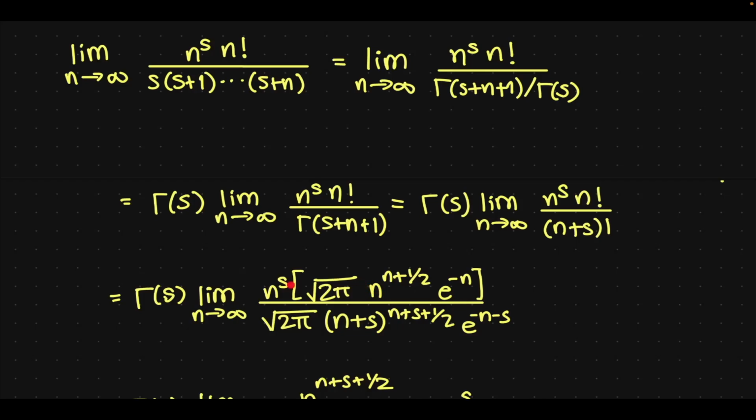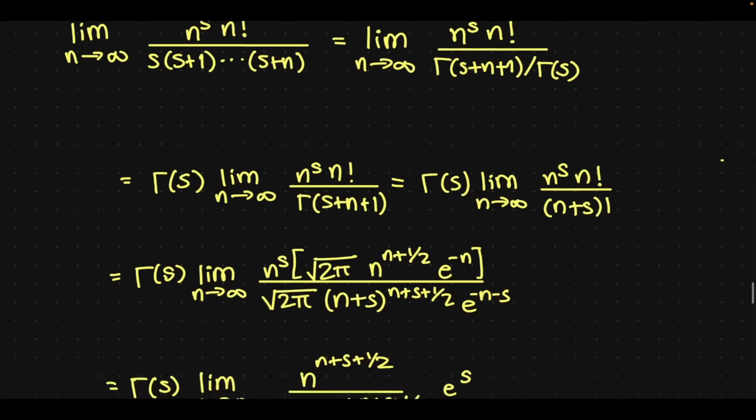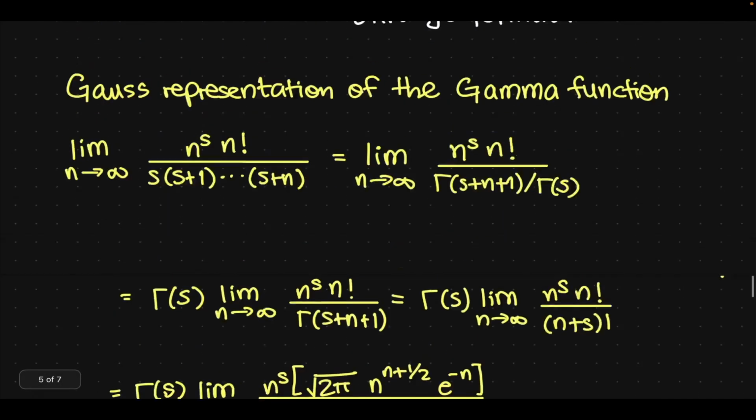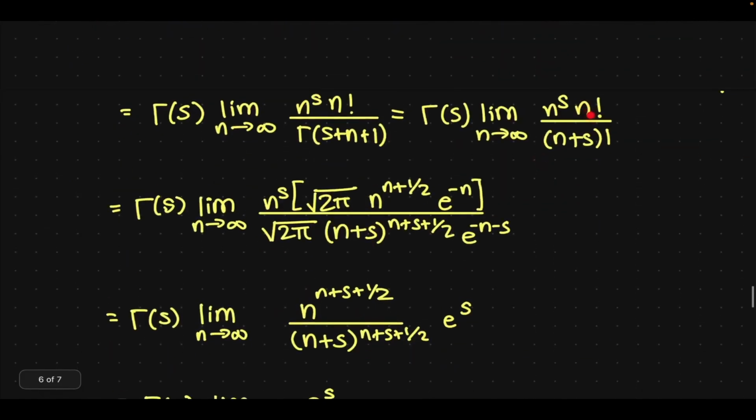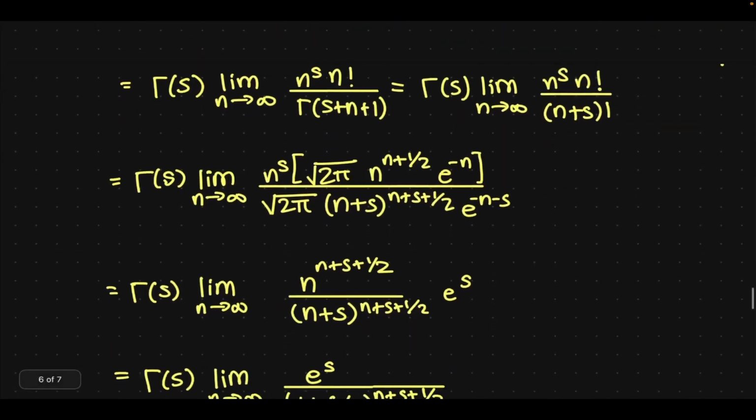So we get n^s, and then multiplied the entire thing in brackets, with square root of 2 pi n to the n plus 1 half e^(-n) divided by square root of 2 pi (n plus s) raised to n plus s plus 1 half e^(-n-s). I'm just substituting the Stirling's formula that we have here for each of those numerator and denominator factorials.